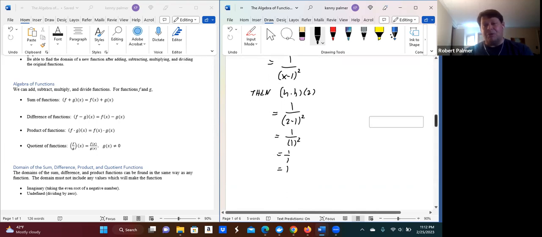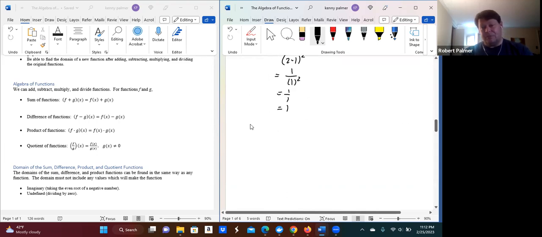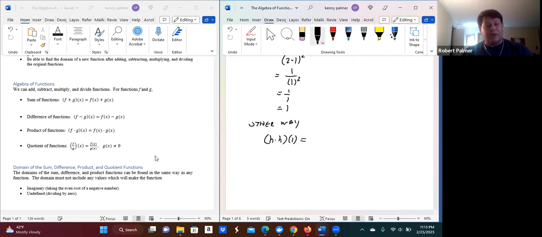Now, in the same way, I can do it the other way. And so that's going to be h times h of 2. I was going to use my rule that says it's going to be h of 2 times h of 2, not 1, because actually h of 1 would be undefined.